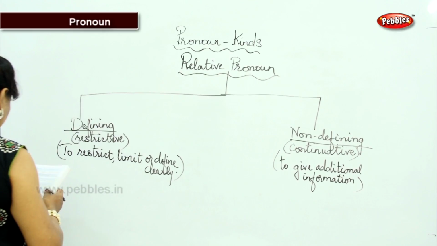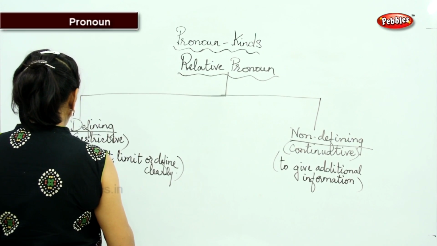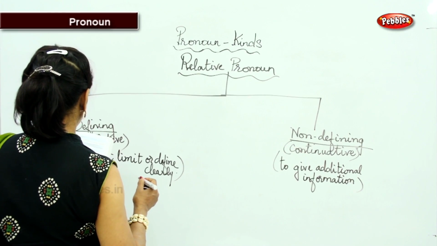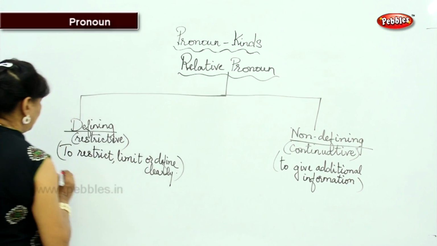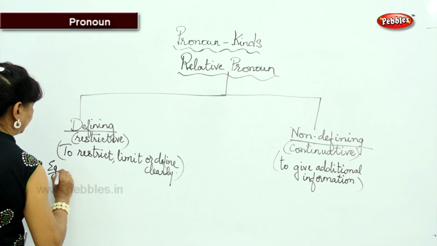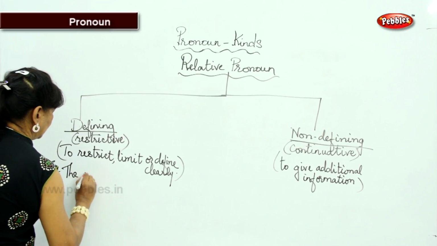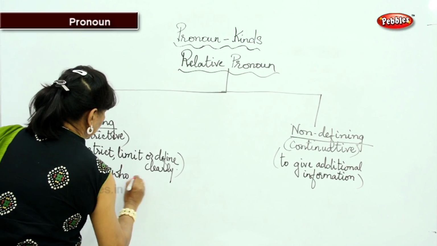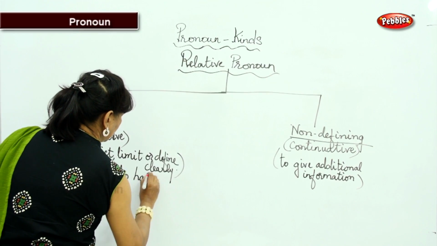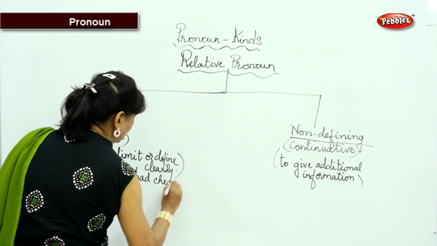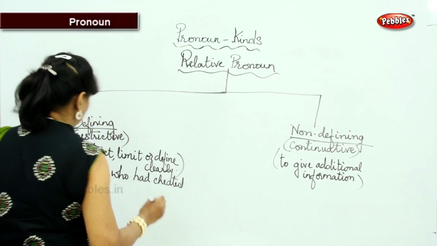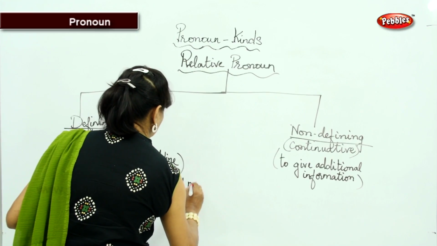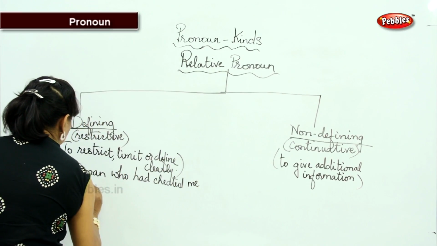Now, let us see two sentences. Defining. Okay, I will just give the sentence here. The man who had cheated me was arrested.